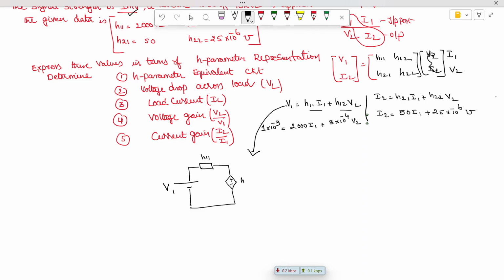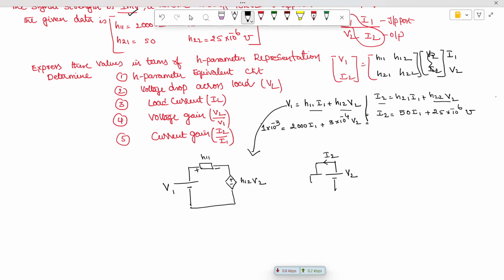We are writing it as H12 V2. So this is the positive terminal, negative terminal. And here we have I2. If you are having an I2, definitely we'll have a voltage source V2 and a current of I2 flowing like this.